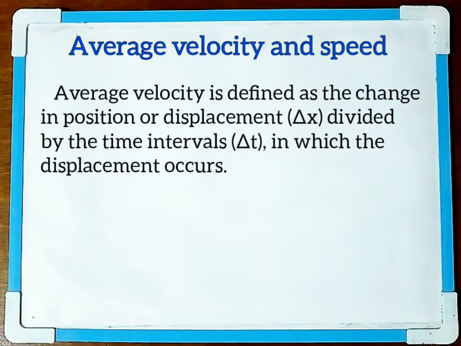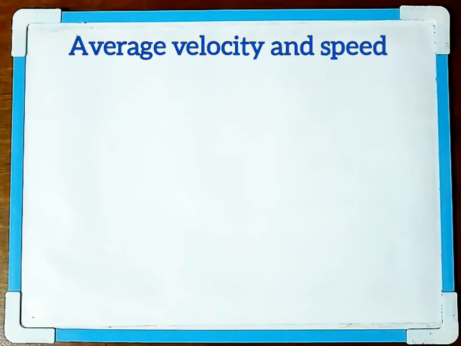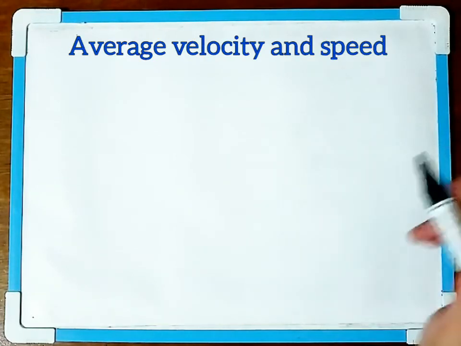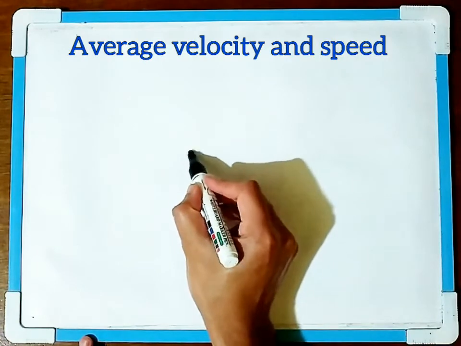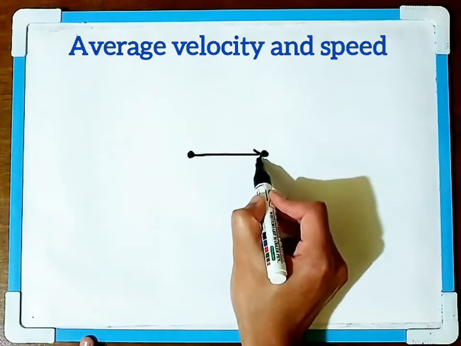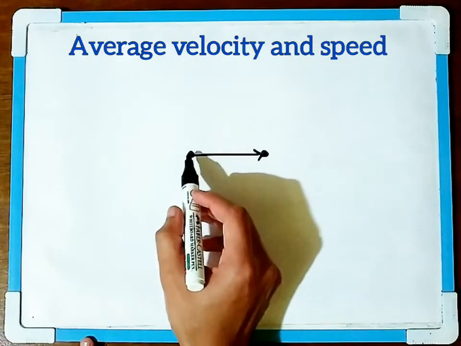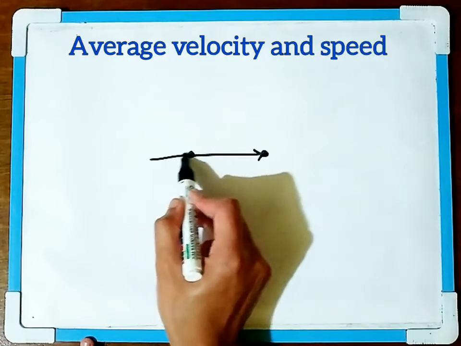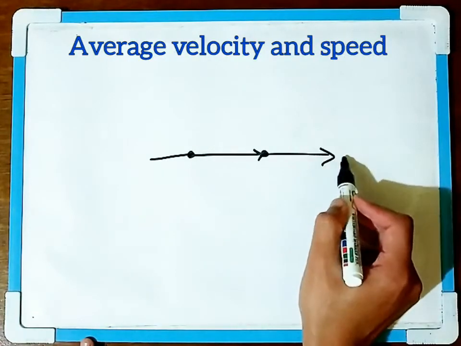Now average velocity is defined as the change in position or displacement delta x divided by the time interval in which the displacement occurs. For example, if we have a motion of an object in a straight line, suppose of a point object from this position to this position, then the position of this object can be described by one coordinate axis, that is the x-axis.